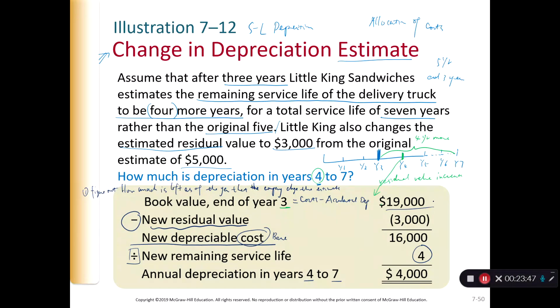You first figure out this number, and then you just treat this as a new equipment with new residual value and new life. So the new residual value is 5,000, you minus that, and the new life is 4, so you divide by 4.